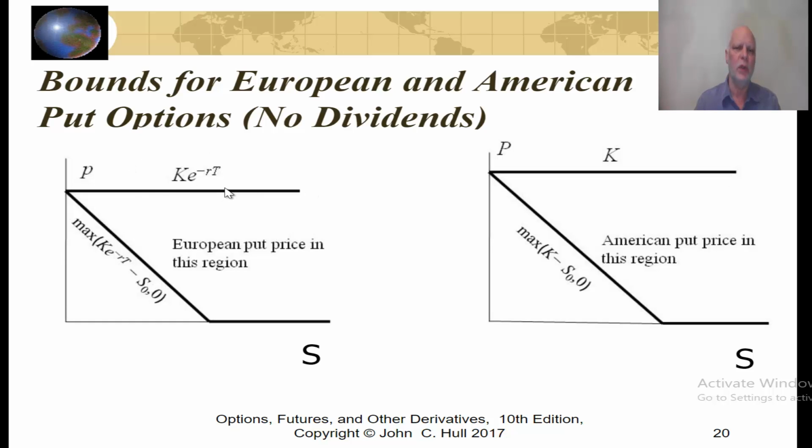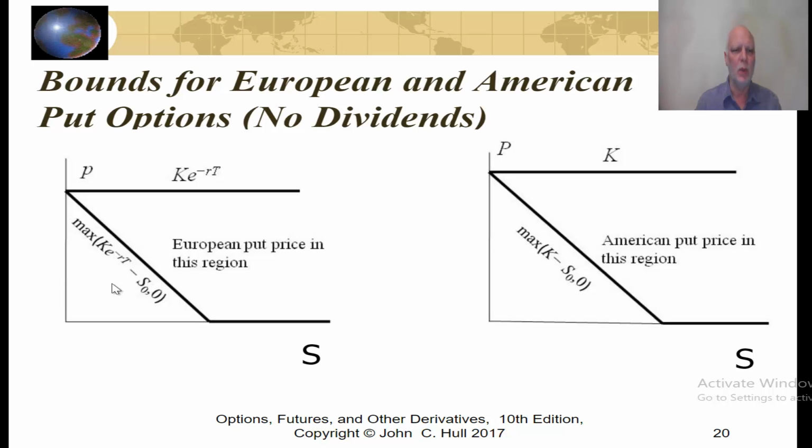In the case of the European put, you cannot exercise it early, so it has to be the present value of the strike price. So for an American put, if the company goes to 0, you can exercise it today and get K. On the other hand, for a European put, if the company goes bankrupt, S goes to 0, you have to wait till the day of expiration to get K, so it's worth a maximum of the present value of K.